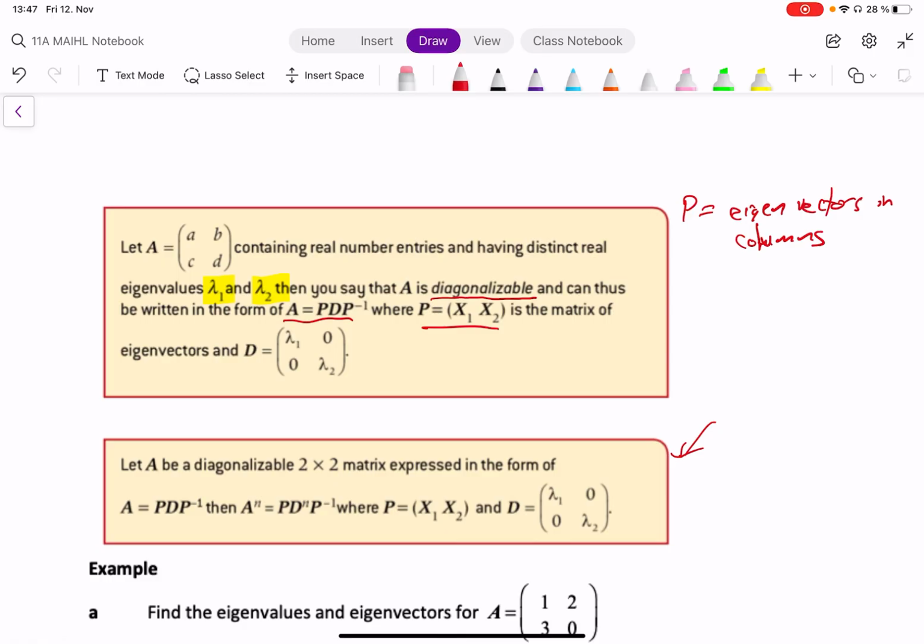It's one eigenvector next to the other eigenvector, and that's what this is saying.